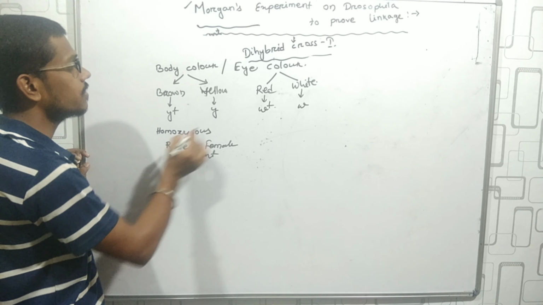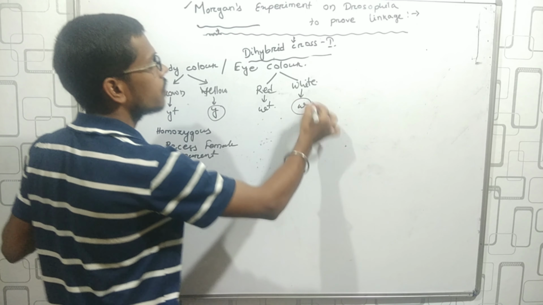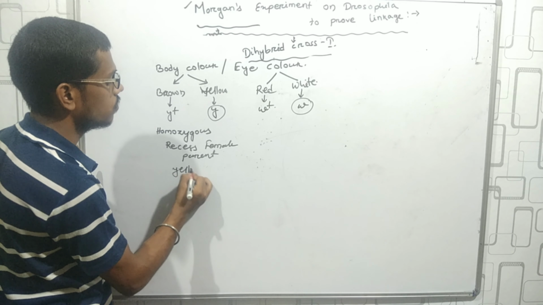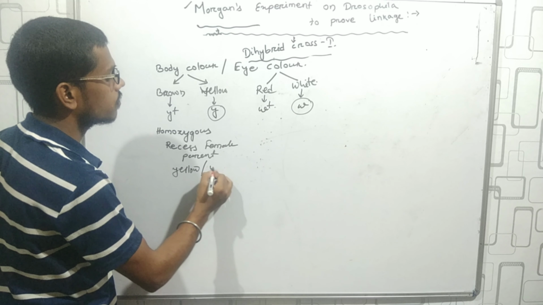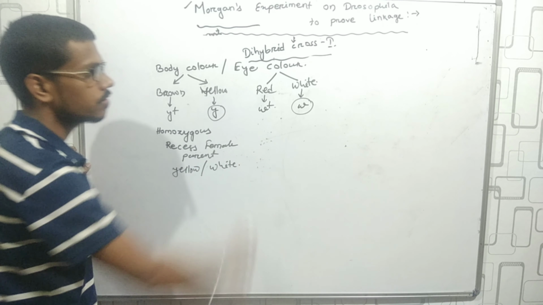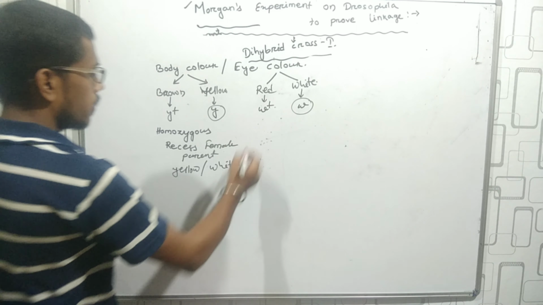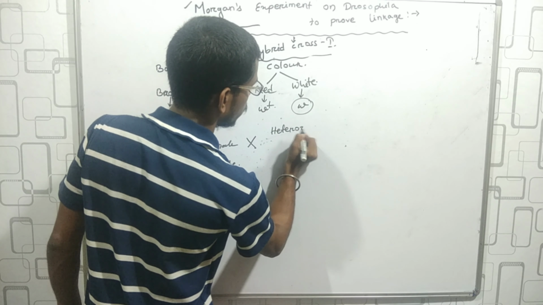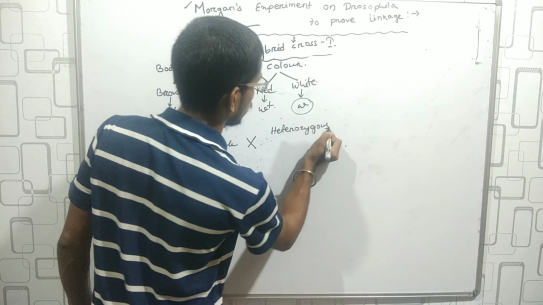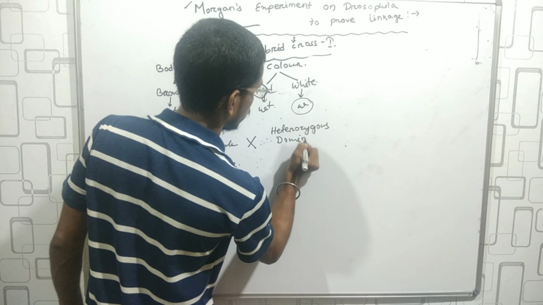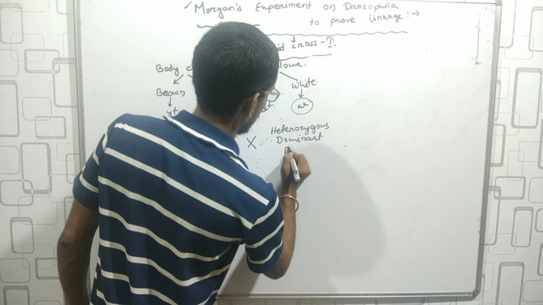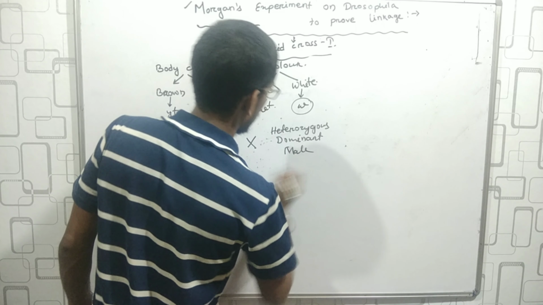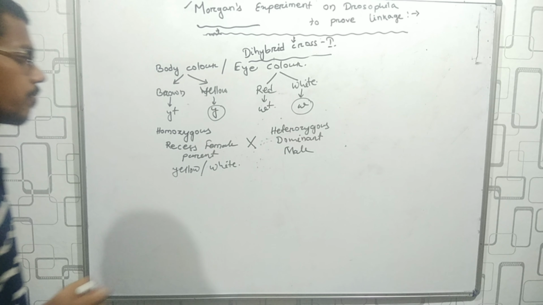Homozygous recessive means this is the recessive one and this is the recessive one, that is yellow body color and white eye color. He crossed this with the heterozygous dominant male individual, or male parent.